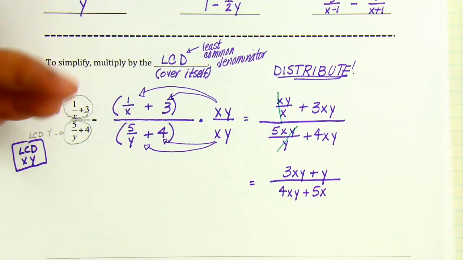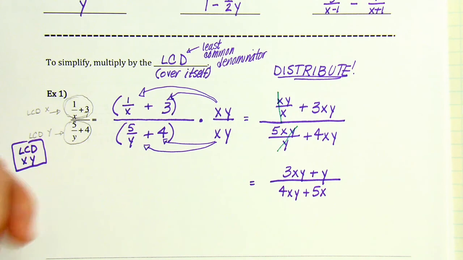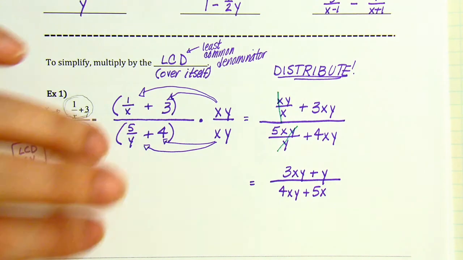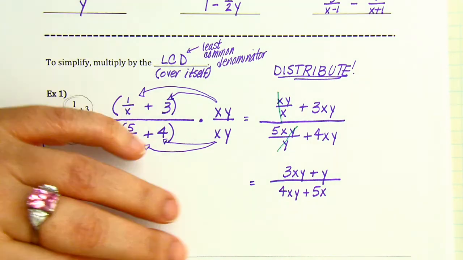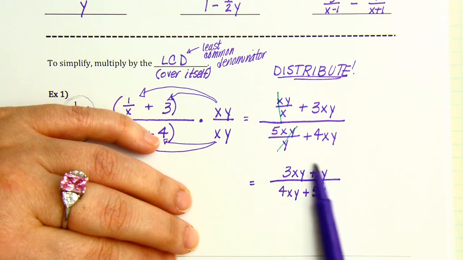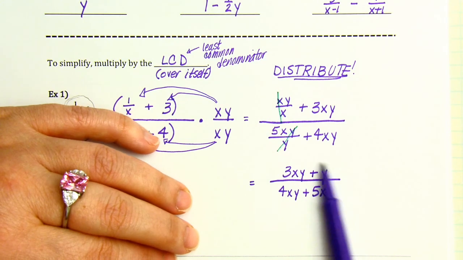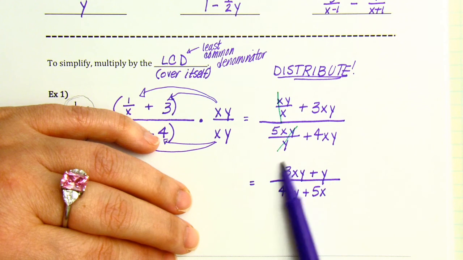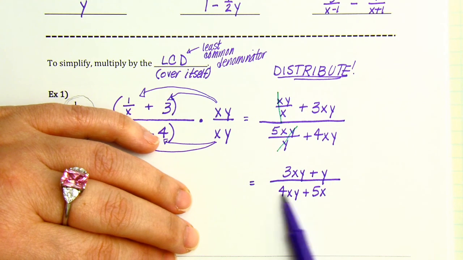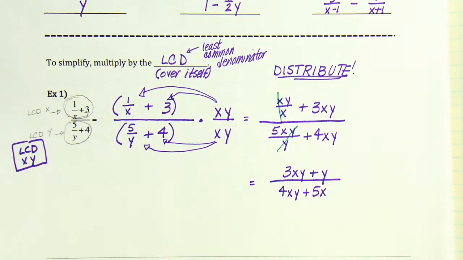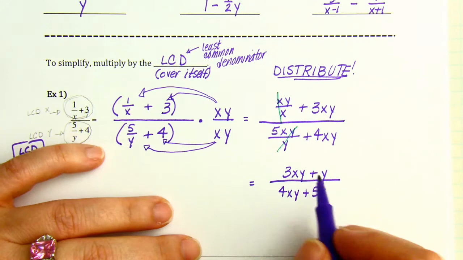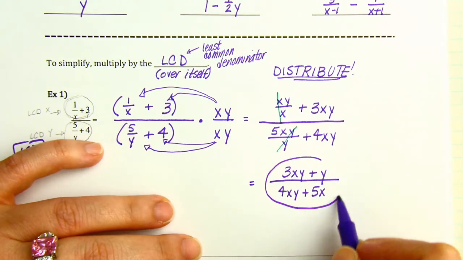Now, notice, I could try to factor something out of the numerator and the denominator, but it's not going to help me to simplify. I have a GCF, or greatest common factor, of y up here in the numerator, and I have a GCF of x here in the denominator. So it's not going to help me because the x and the y won't divide each other out. So this is my final answer.